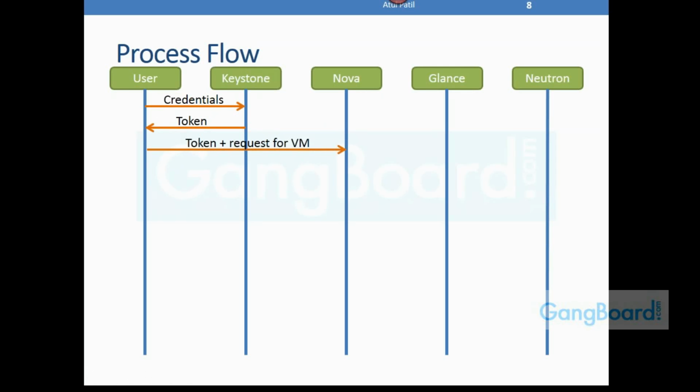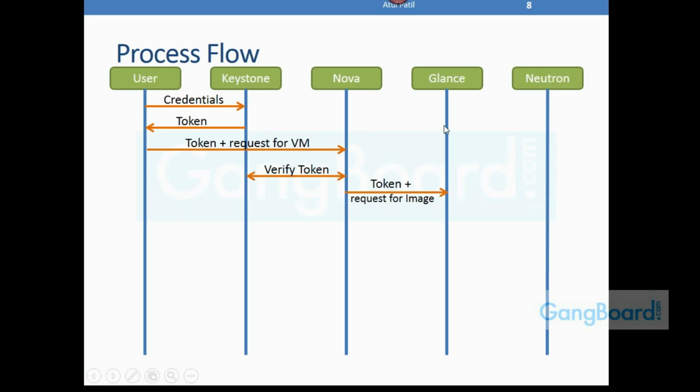Nova also doesn't have the database to understand whether this token is correct or not. So everyone should talk with Keystone. So Nova will send the same token to Keystone for verification: I got this token, can you please verify? Keystone verifies it and forwards back to Nova: yes, this is a verified person, you can go ahead.